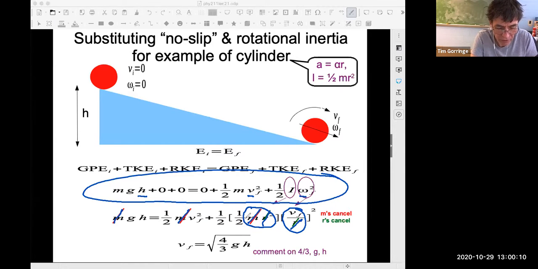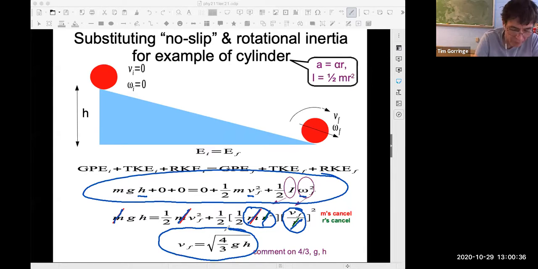And the only quantities that are left in the equation then are the acceleration of gravity, and then the parameters of the problem, the height, the elevation of the object initially, and the final speed of the object finally. And so you can rearrange that equation to get this result, that the final speed is the square root of 4/3 times the acceleration of gravity times the height of the incline.